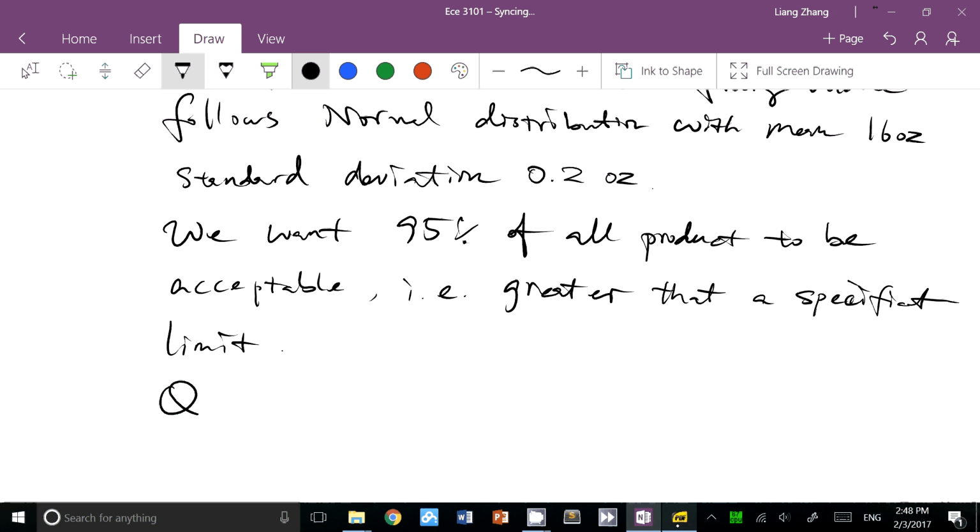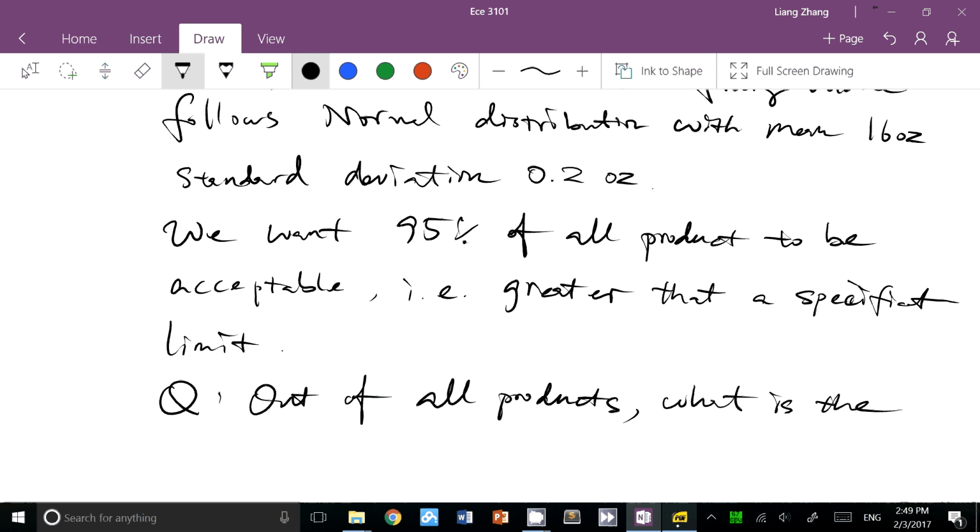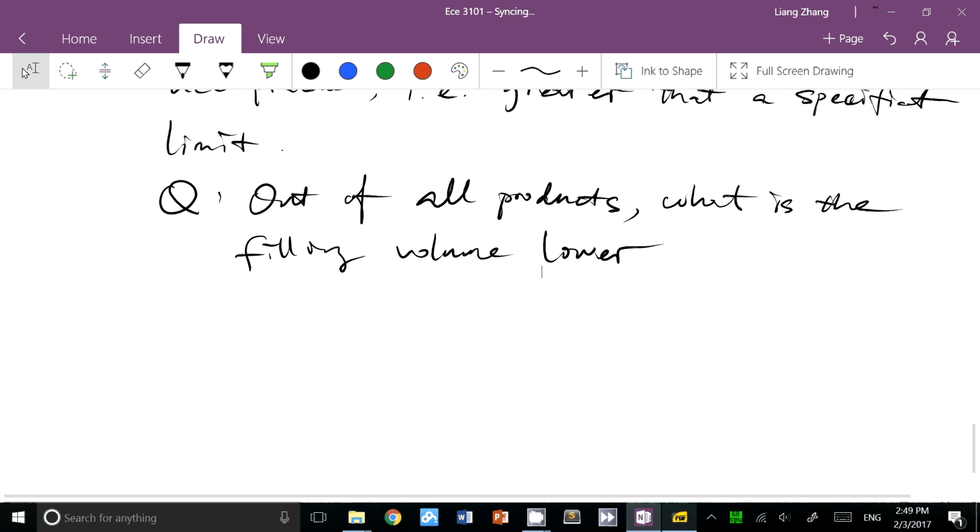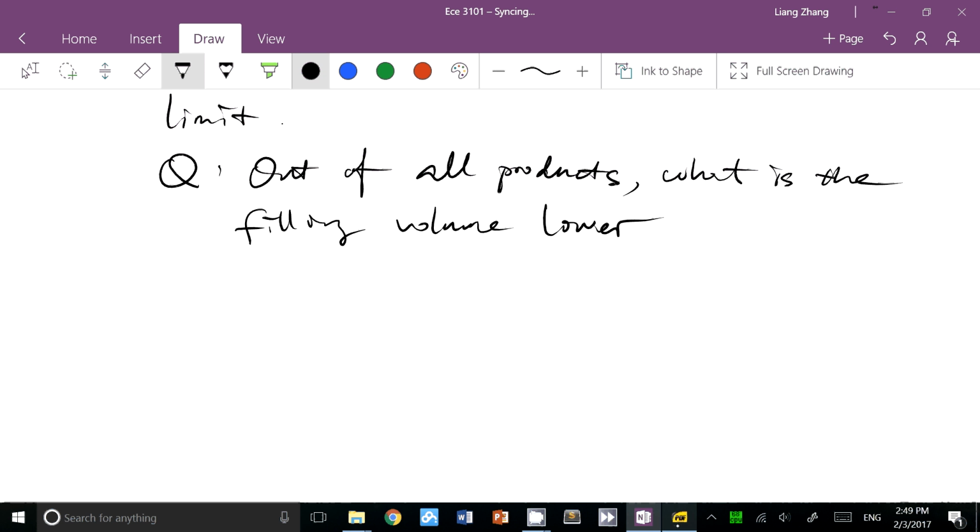So the question is, out of all products being produced by this process, what is the filling volume lower limit that cuts off exactly 5% of the products?